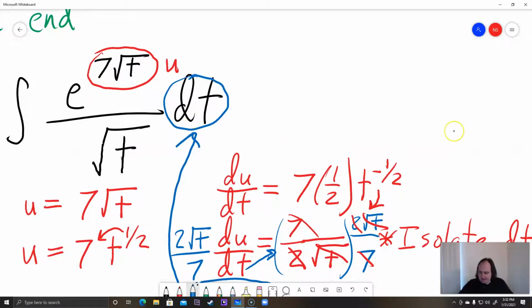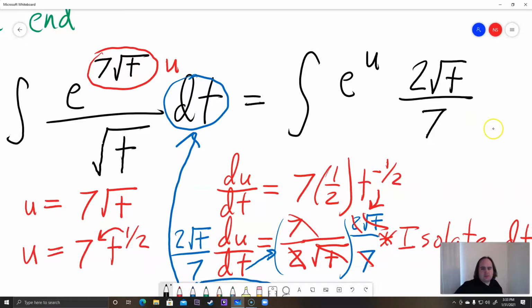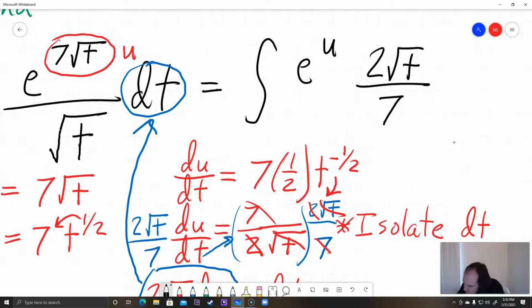Plugging that in for dt. Okay, so we have the integral of e to the u times 2 root t over 7 du.